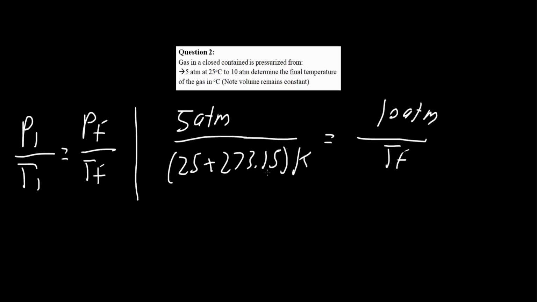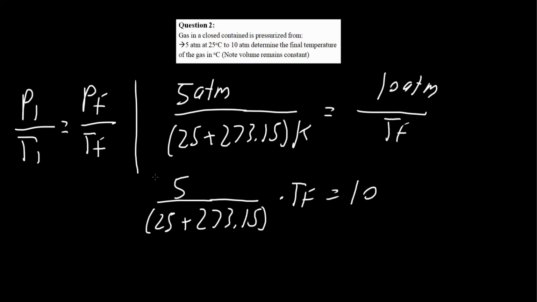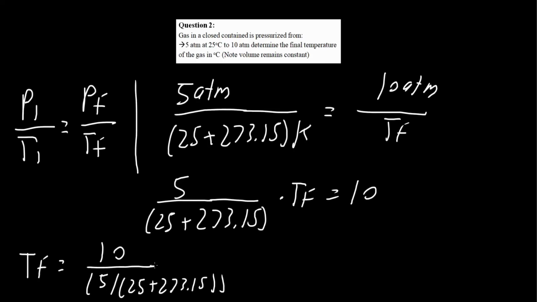So cross multiplying here might be a little bit more challenging. You're going to bring the TF over here. So you would get 5 over 25 plus 273.15, close parentheses, times TF is equal to 10. From here, we will divide this piece over to the 10. So TF is equal to 10 divided by 5 over 25 plus 273.15, close parentheses.